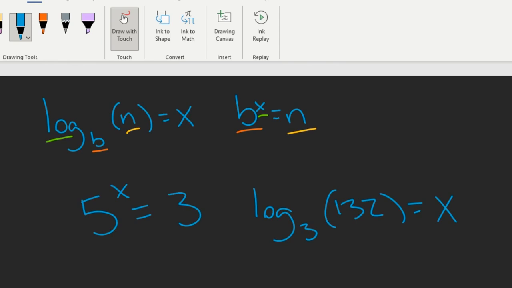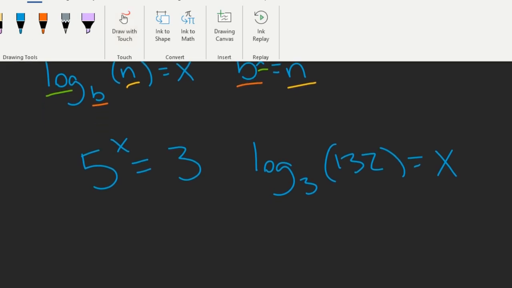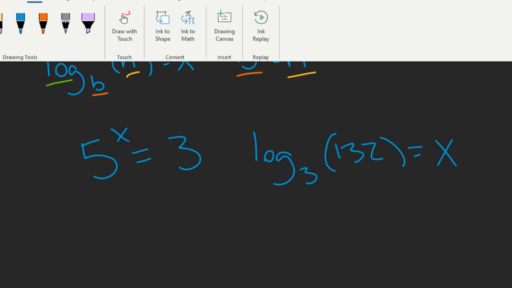Okay, welcome back. We're going to go over these together real quick, and then we can jump back into using inverse operations. So we are looking at 5 to the power of x equals 3. We're going to take our base, which is this 5 right here, and reapply it where the base in the log would be.